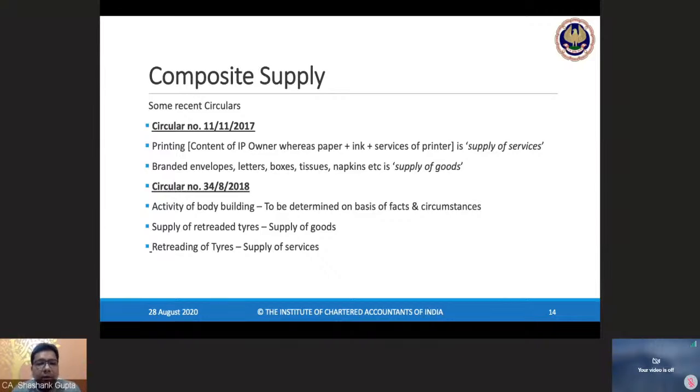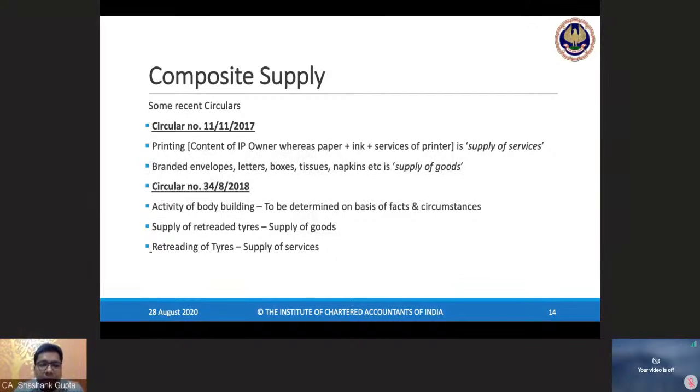When printing, they would actually be using their own paper and ink. Both of these are goods. They would also be providing printing services. So it's a combination of supplies. But what is the principal supply here? It's the printing service. Hence, this transaction will be treated as supply of service.